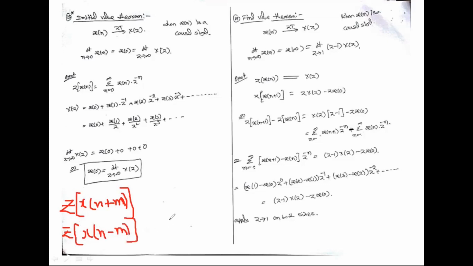One is towards the right side and the other is towards the left hand side. These are for positive values of m and negative values of m.